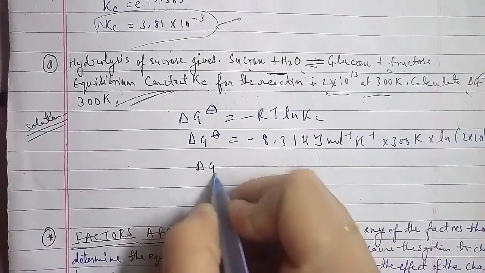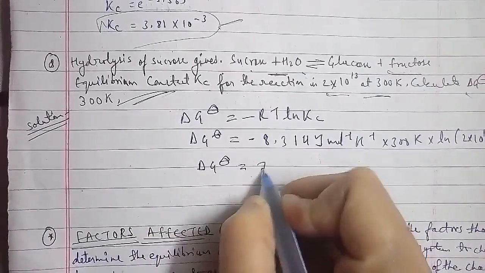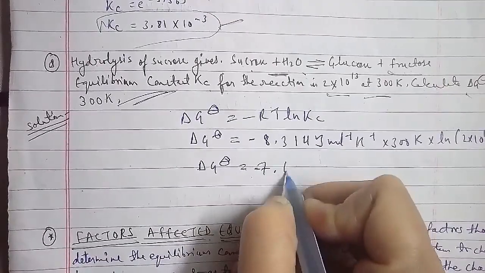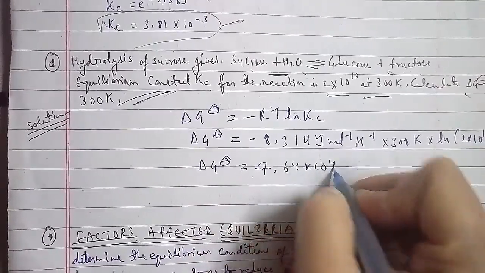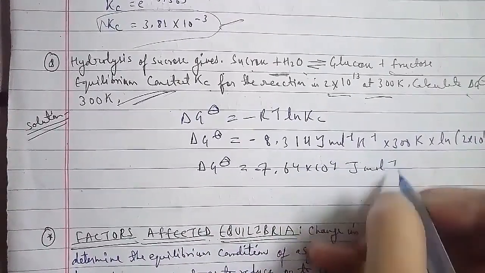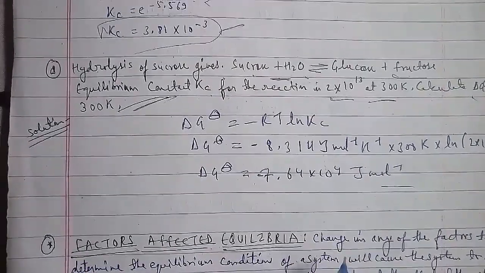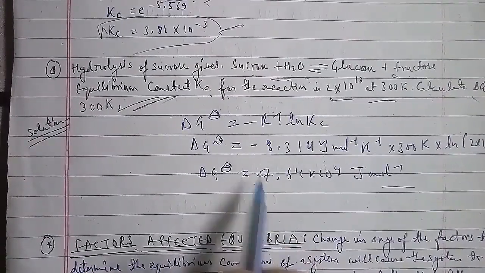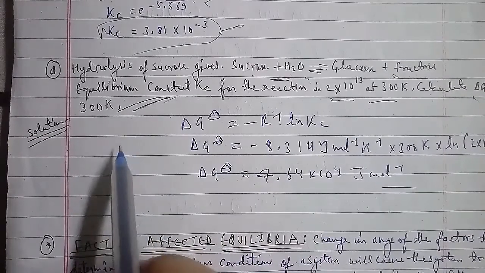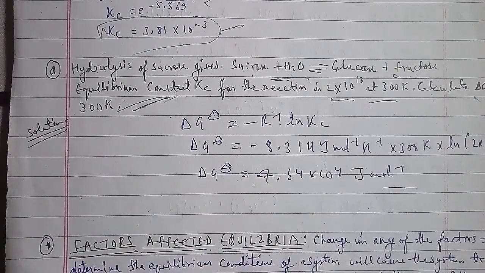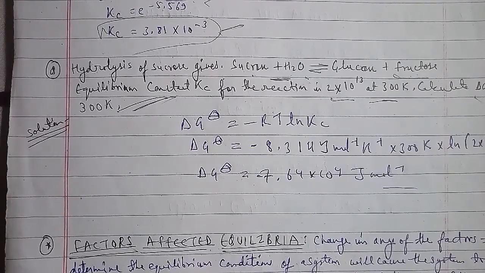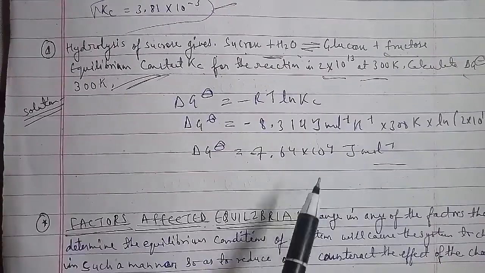Now we'll move on further and discuss another topic, the factors affecting equilibria. One of the principal goals of chemical synthesis is to maximize the conversion of the reaction while producing with a minimum expenditure of energy.